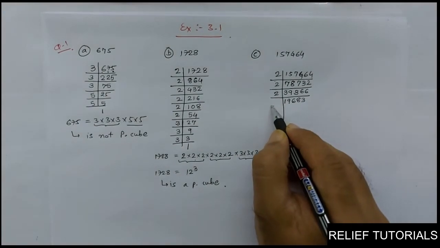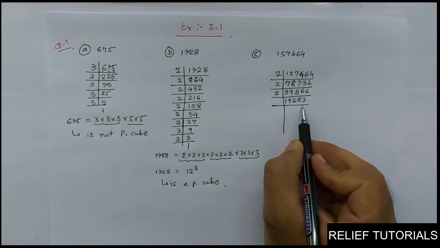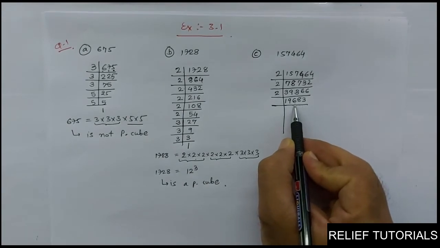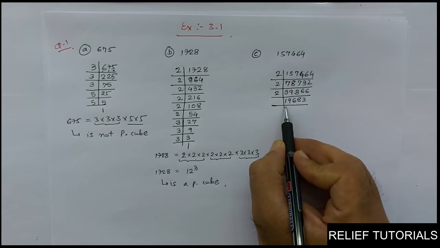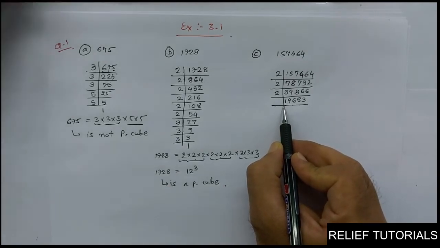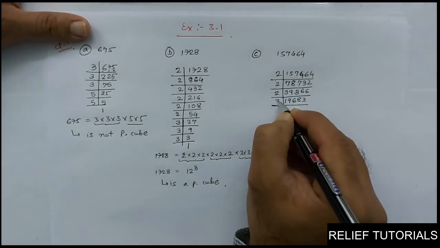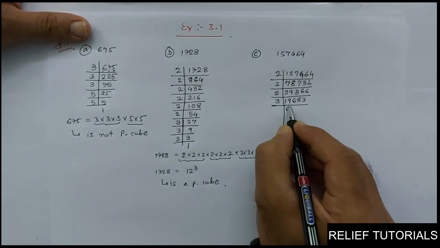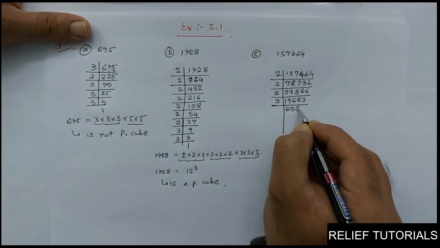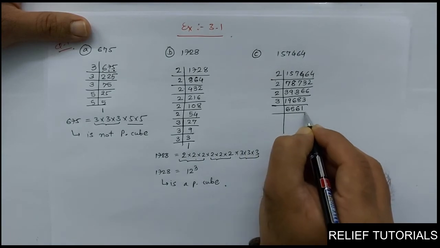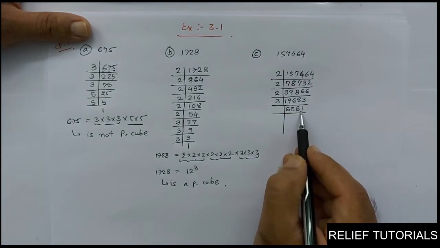Now this number will not be divided by 2. So let us check whether it is divisible by 3 or not. 8 plus 3 is 11, 11 plus 6 is 17, plus 9 is 26, and 1 is 27. So 27 is divisible by 3, so this number will be divisible by 3. Dividing gives 6561. 6 plus 5 is 11, 11 plus 6 is 17, plus 1 is 18.